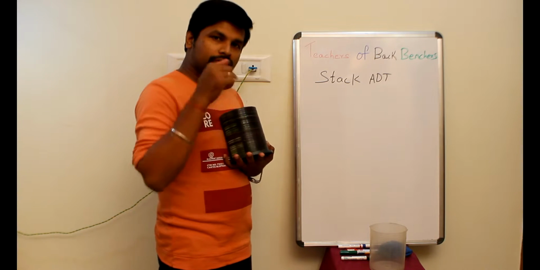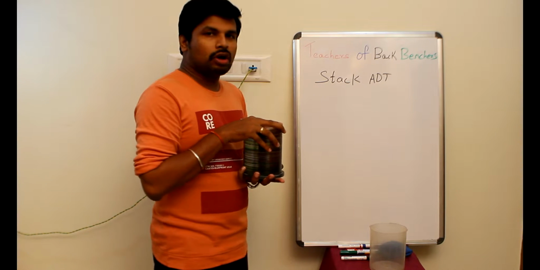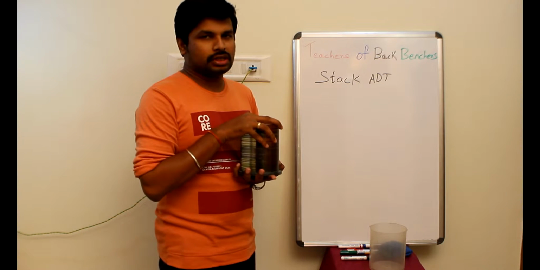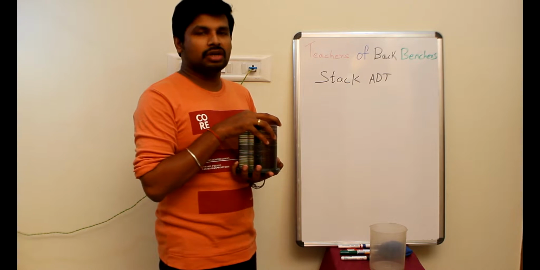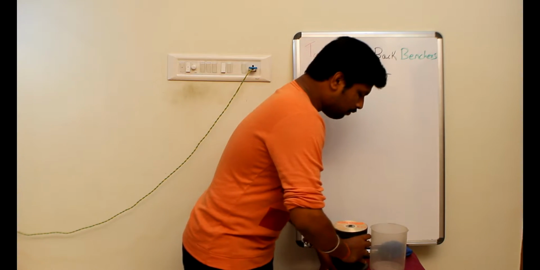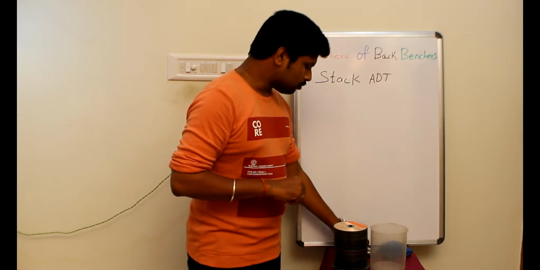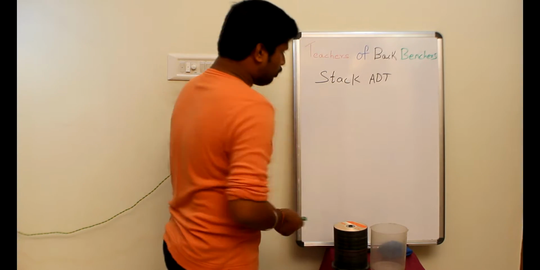So this concept is called first in, last out. This structure is called the stack data structure, or stack abstract data structure, stack ADT. Now we are going to perform the push and pop operations. How do we perform them?